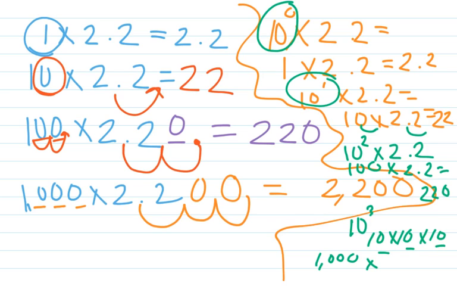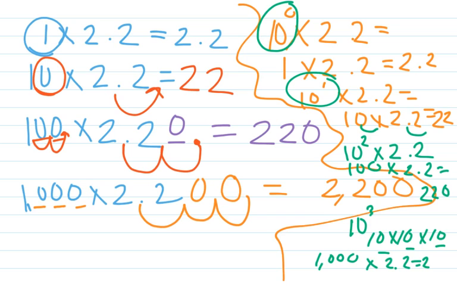And 1,000, boys and girls, times 2 and 2/10 would again give us 2,200.